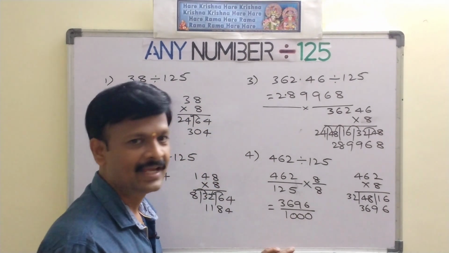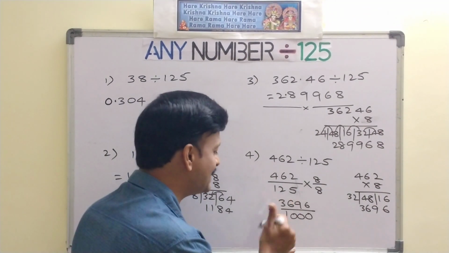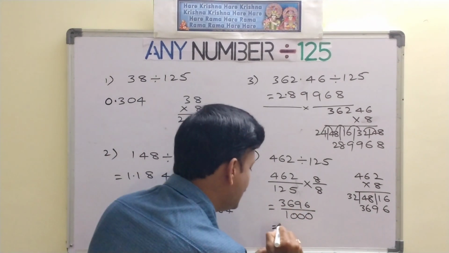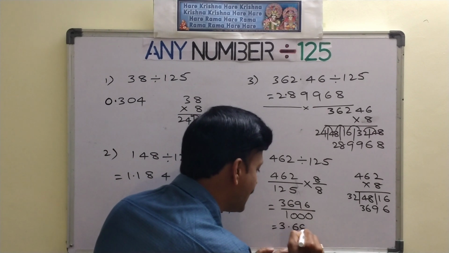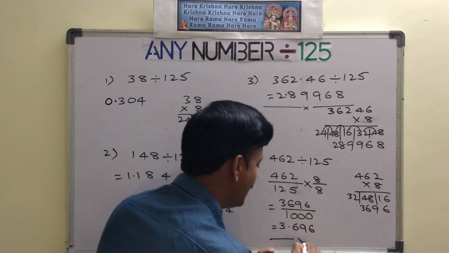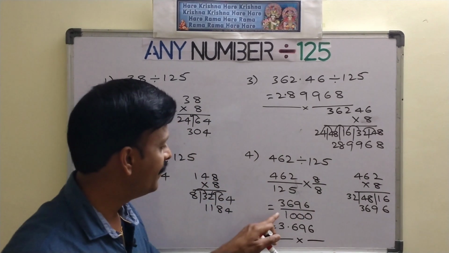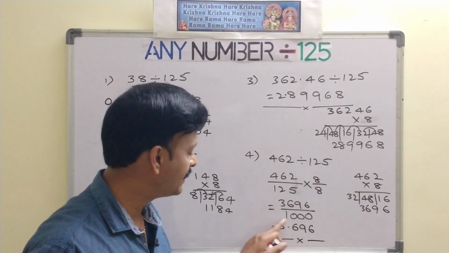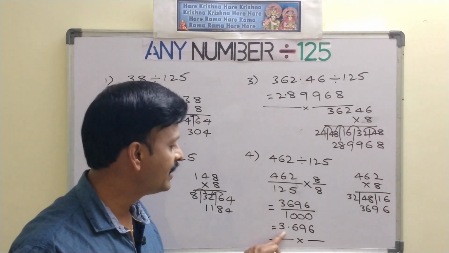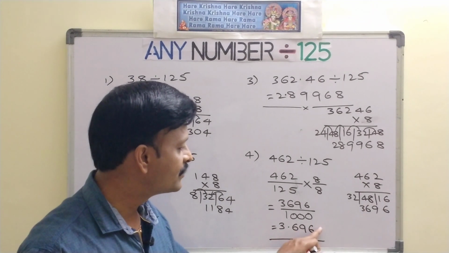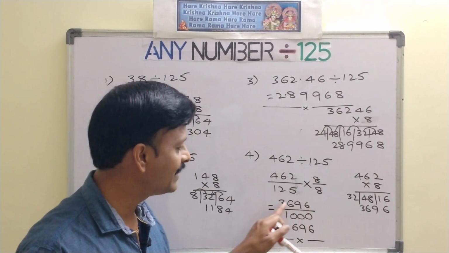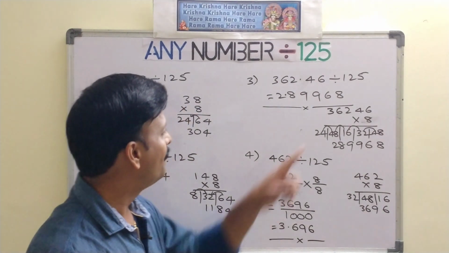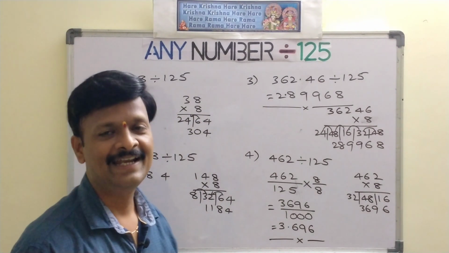There are 3 zeros. Therefore, you need to place the decimal point after 3 digits from the right hand side. So that is 3.696, the answer. Whenever you want to write decimal form, you can remove the fraction and write 3.696. So we place the decimal point after 3 digits from the right hand side.